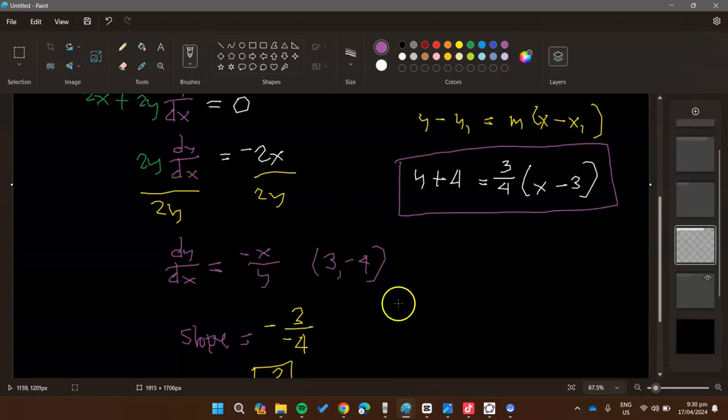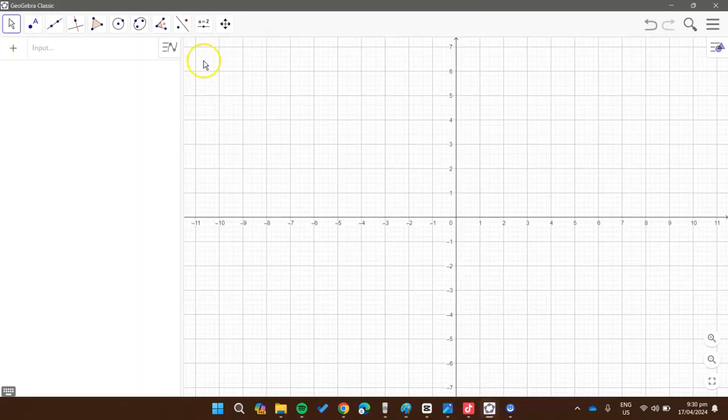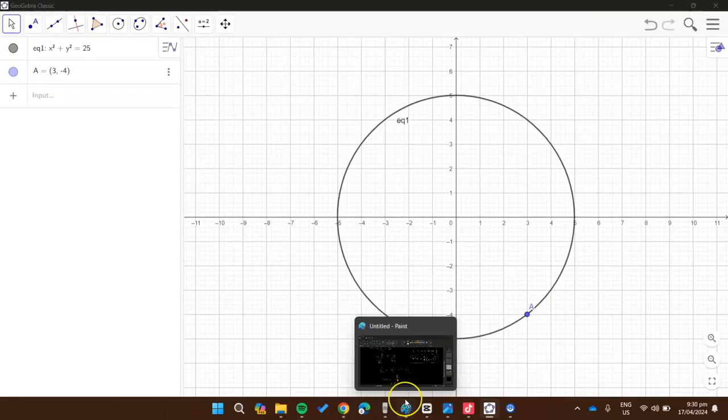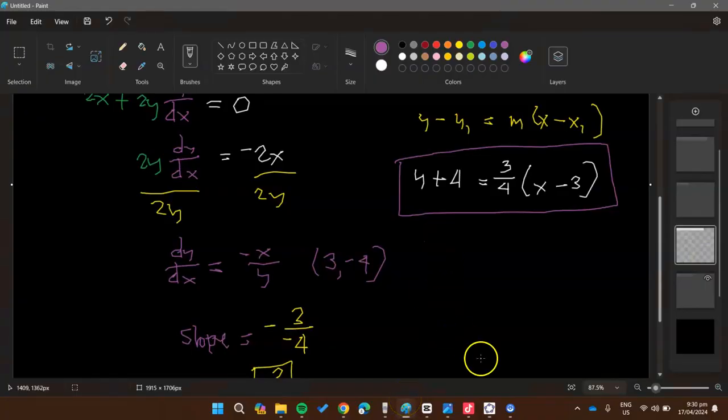So we'll try to plot that one. So let's say x squared plus y squared equals 25, and again, at point (3, -4). Based on our computation, our equation is y plus 4 is equal to 3/4 times x minus 3.